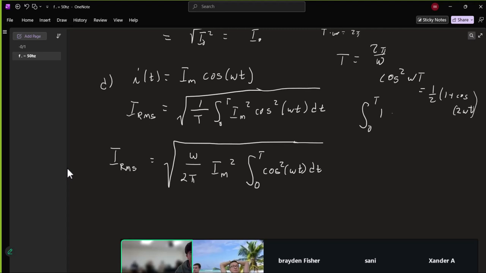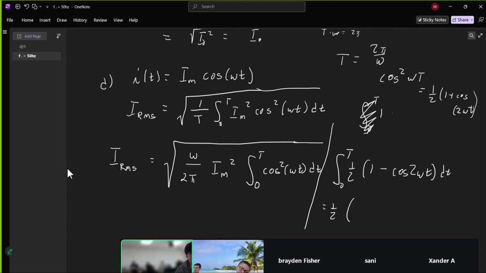So this would be the integral from 0 to T of 1/2 times 1 minus cosine 2 omega t dt.